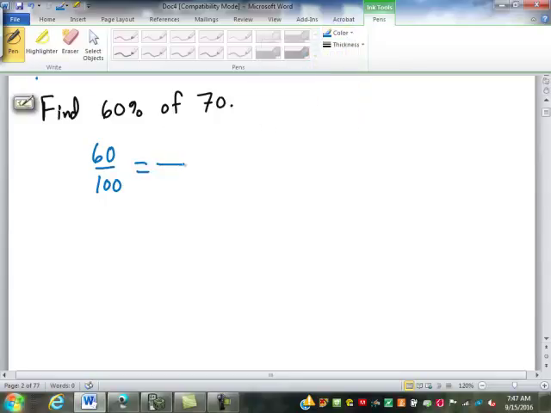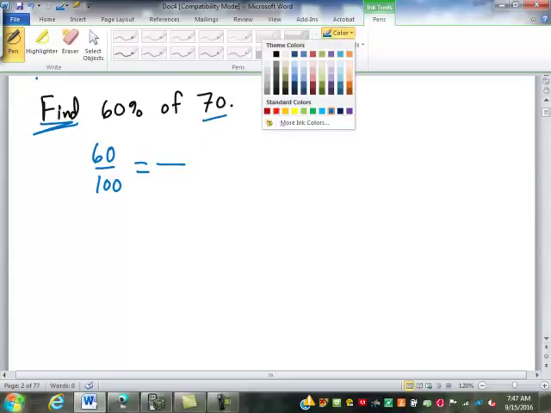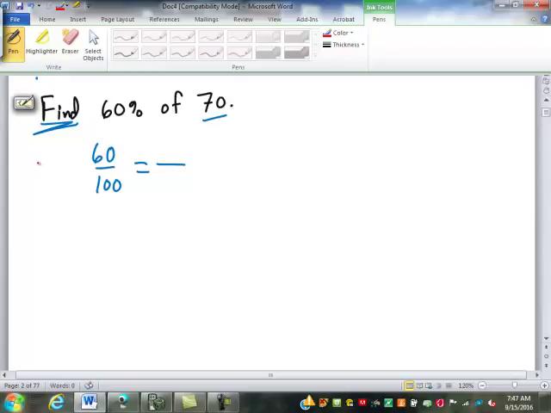Now, on the other side, there are two more numbers in this problem. One, of course, is the number I'm asked to find, and the other one is the 70. Now, the 60, the top number of this ratio, is the portion. It is the piece that we're focusing in on. The 100 is the whole thing, or the starting amount.